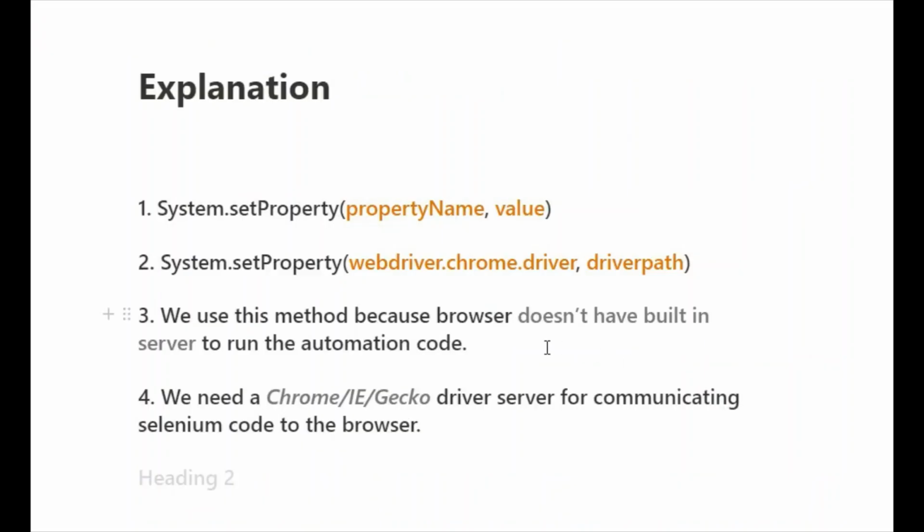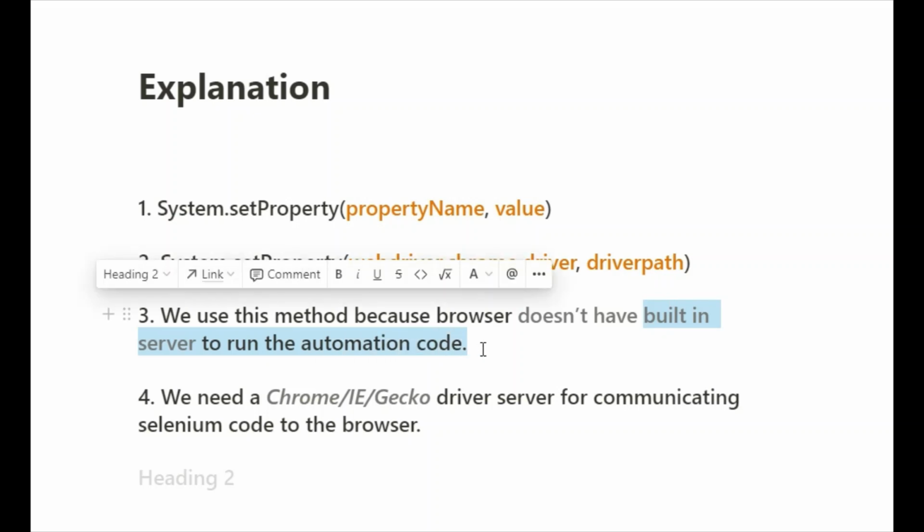As we just saw in the internal architecture of Selenium, that is how it works. We use this method to set the path for the Chrome driver or whatever driver we are using, because browsers do not have built-in servers to run the automation code.